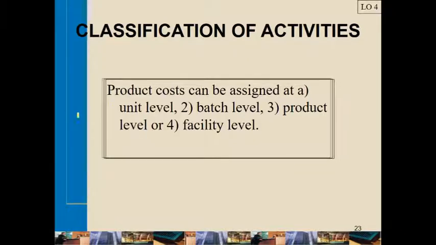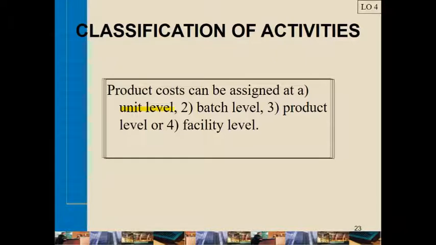Now, let's start with the unit level. When we say unit level, by the name itself, this pertains to those activities that are performed each time a unit is produced. For example, machining and assembly activities.